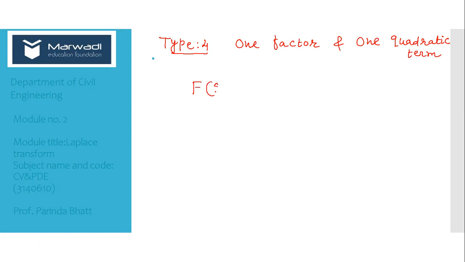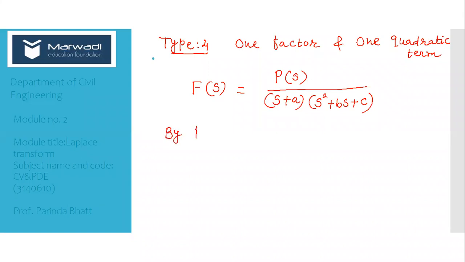Therefore, f of s is equal to p of s plus e over s square plus bs plus c, by partial fraction. This is the single factor, therefore a upon this single factor, right?